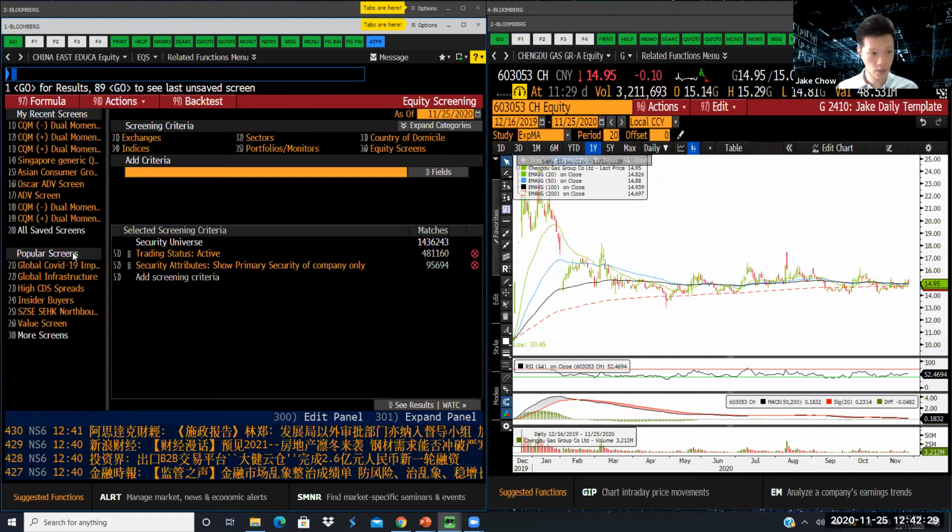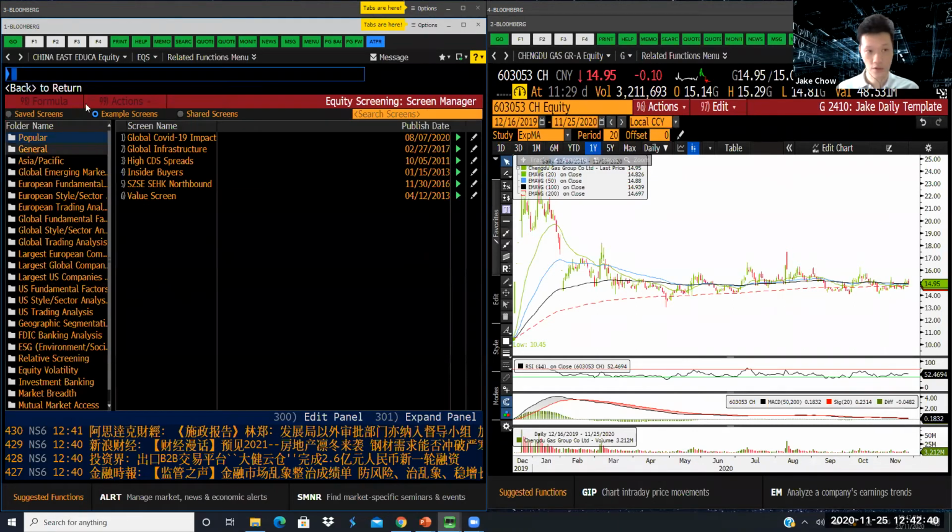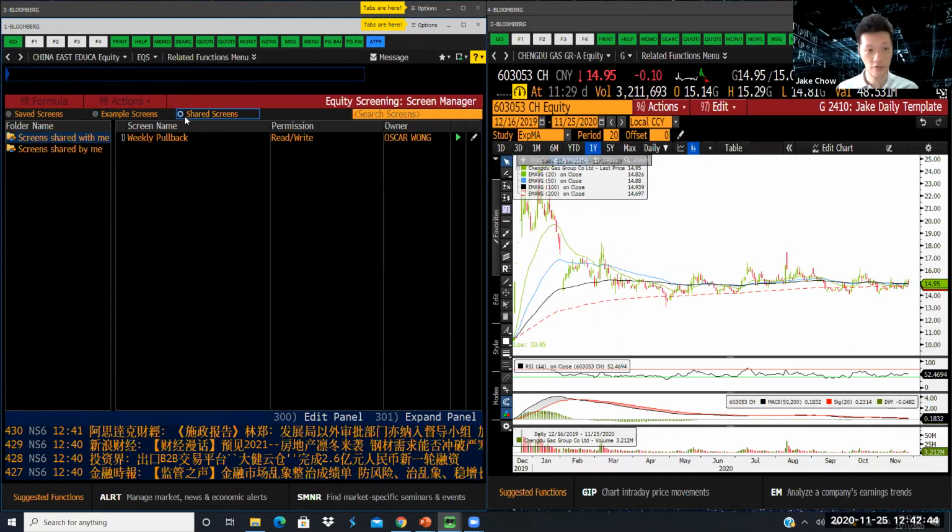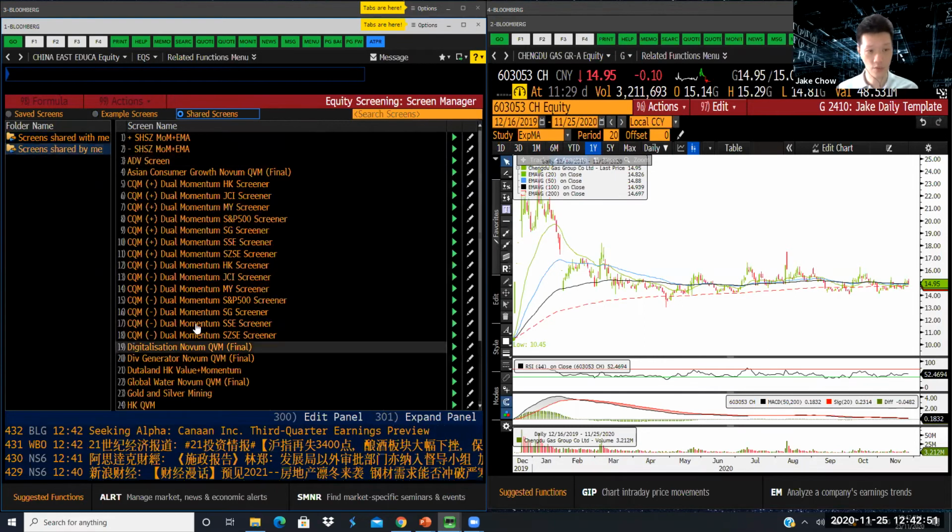You go to the lower part of this left-hand column, and you look for popular screens. You click on more screens. So you come to this particular page, and you click on share screen. Currently I have one person sharing a screen with me, and I'm sharing all these screens with others.